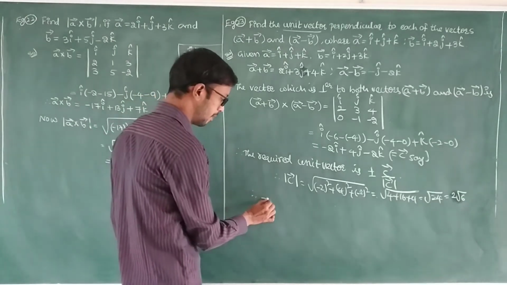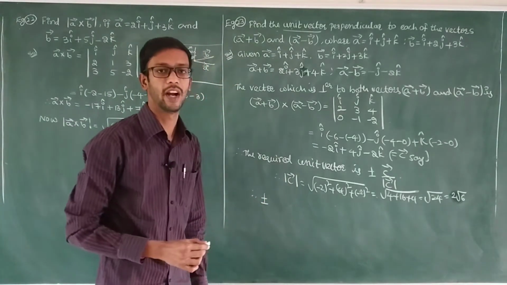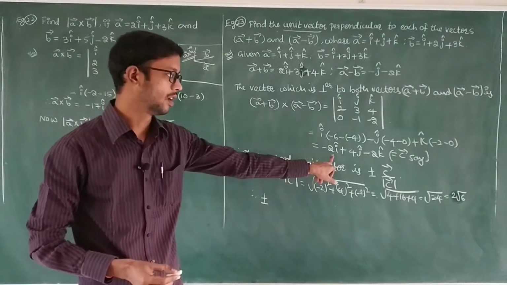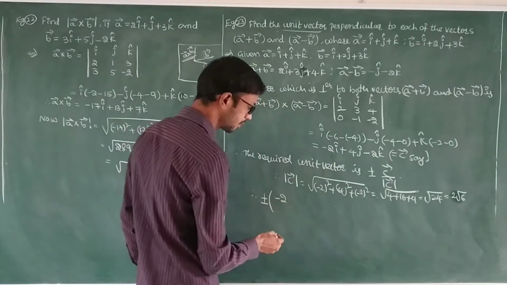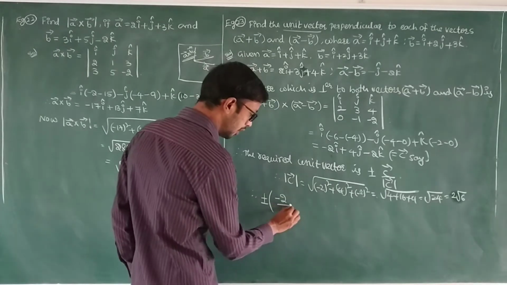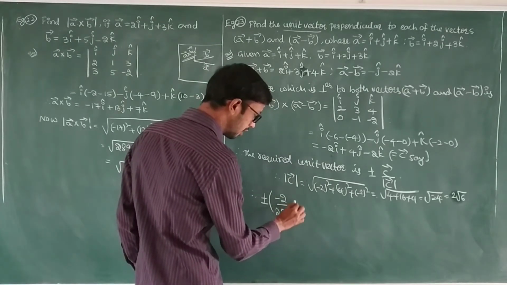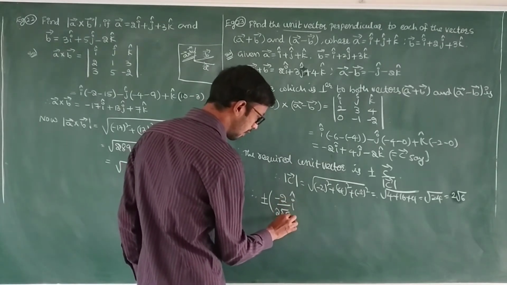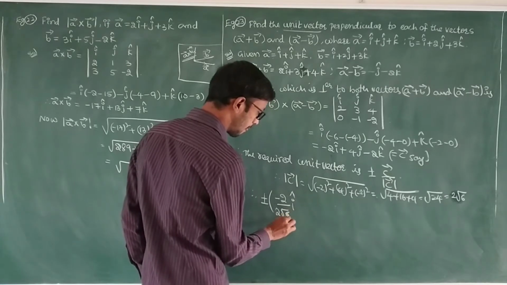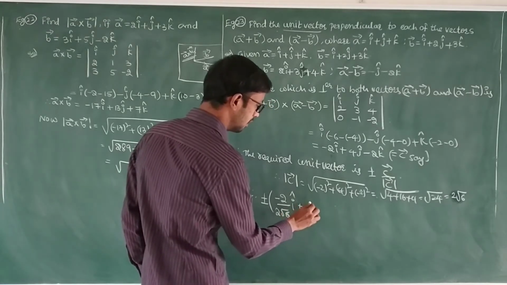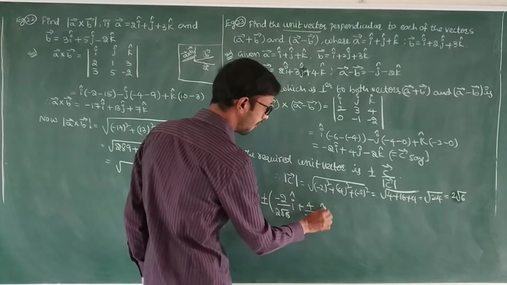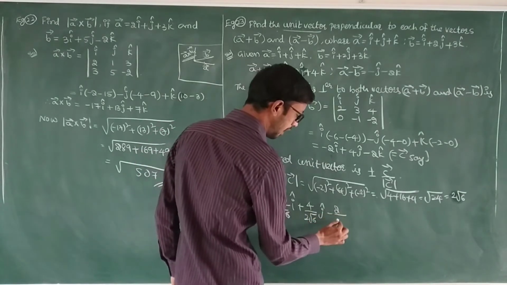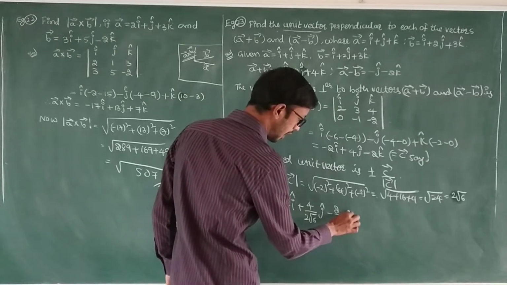Therefore, plus or minus, the required unit vector is c bar: minus 2 divided by 2 root 6 i cap, separately writing, plus 4 by 2 root 6 j cap, minus 2 by 2 root 6 k cap.